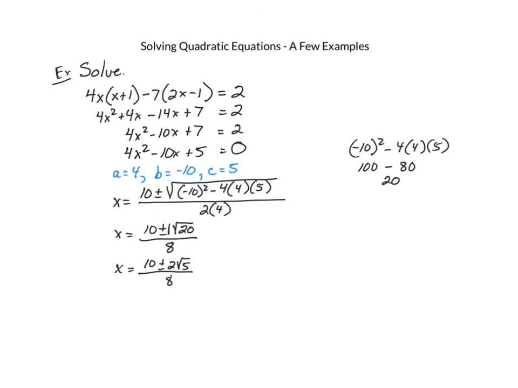Now look at those coefficients, or excuse me, those constants. We have 10, a 2, and an 8. We do have a common factor this time, so we can cancel off the common factor of 2, and we'll have x equals 5 plus or minus 1. I don't need to write the 1. Square root of 5 over 4. And this problem is complete.